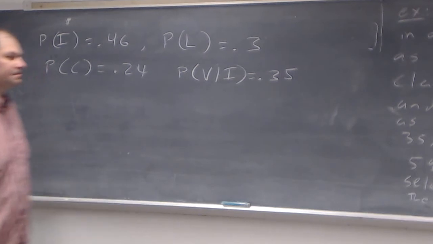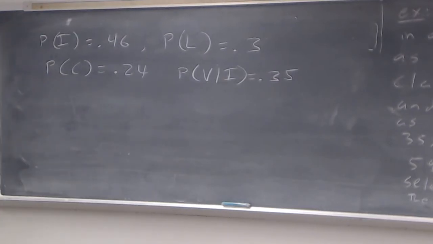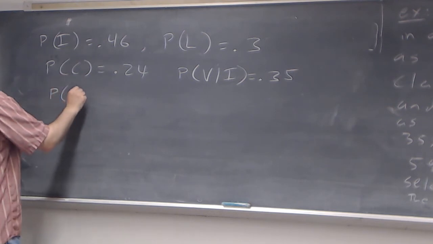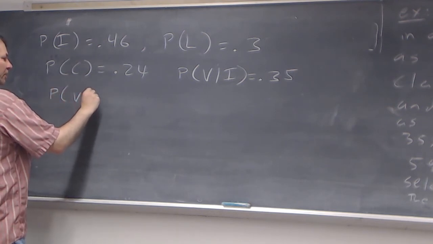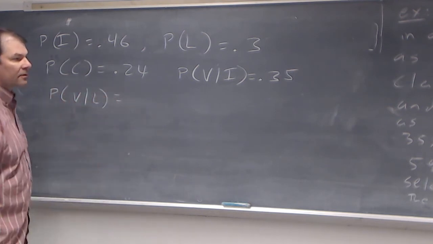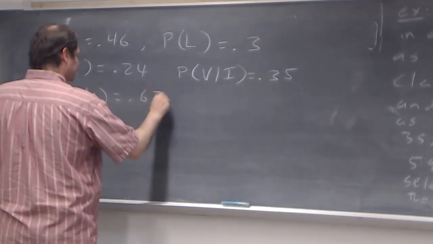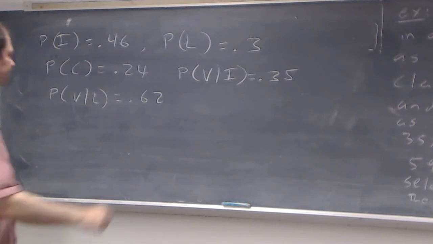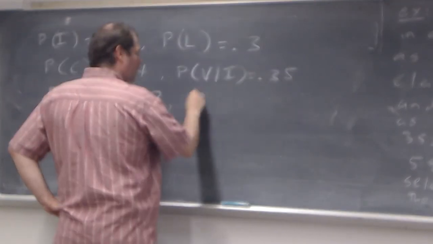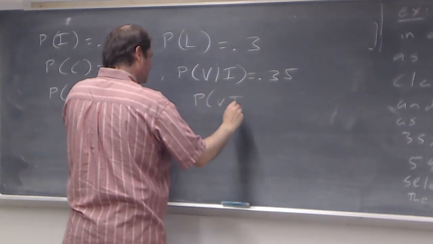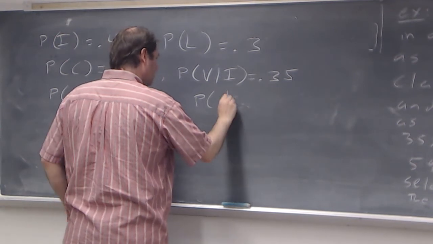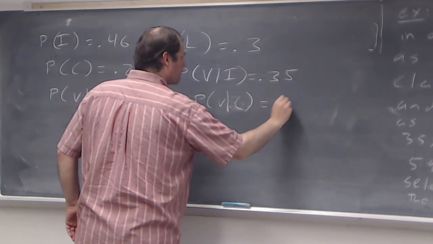Likewise, 62% of the liberals voted, so the probability that you voted, given that you were liberal, is 0.62. And the probability that you voted, given that you were conservative, is 0.58.